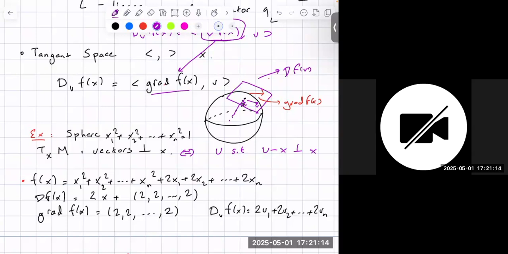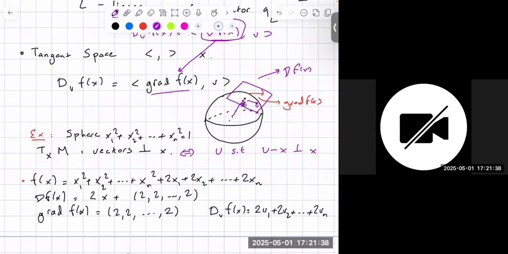That's how the gradient comes out. Now, what was the tangent space? Stuff that is orthogonal to the same x. That means this part will be killed off, and you'll end up getting just this. Okay.